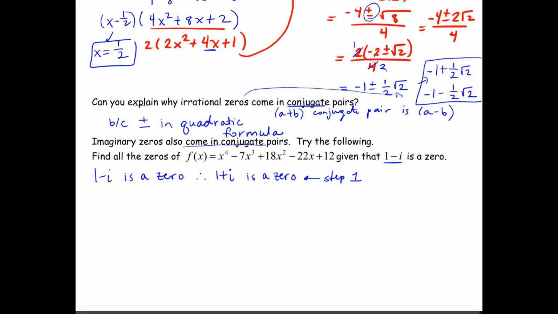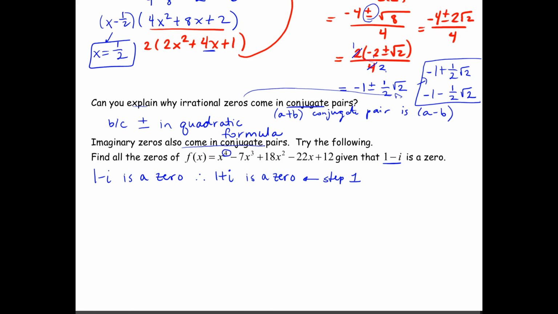How do you think I could, well, first of all, how many zeros really should I have? 4. One of them could occur twice, but I should have 4 zeros. So if I have a 1 minus i as a 0 and a 1 plus i as a 0, any ideas of what I could do maybe to find the other 2? What did you say, Jaden?